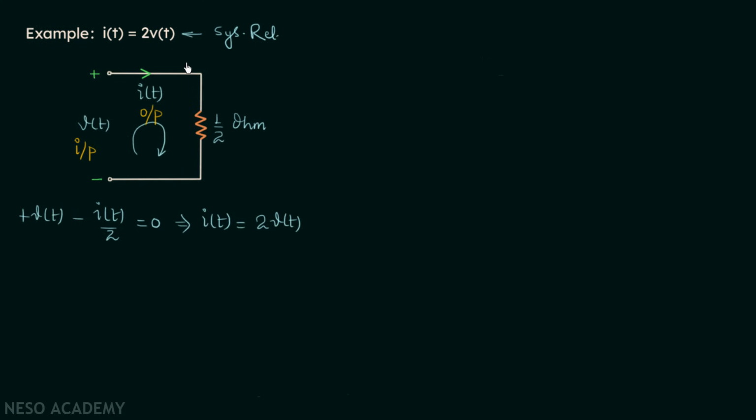Now we will check whether the system having this relationship satisfies the law of homogeneity or not. For this we will apply the input to the system. We will have the output, which is IT, and we know the output is equal to 2 times the input.